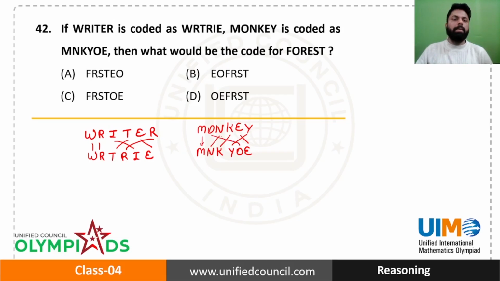YEKNO and M as it is. Forest. Okay, let's try to understand this again. Over here, the first letter is exactly at the same position. First letter at the same position.